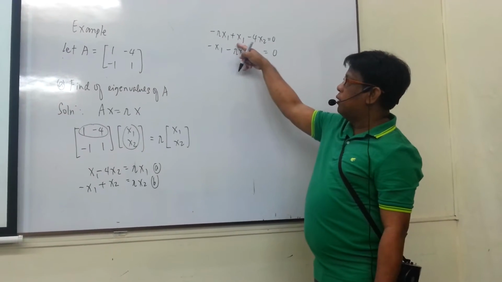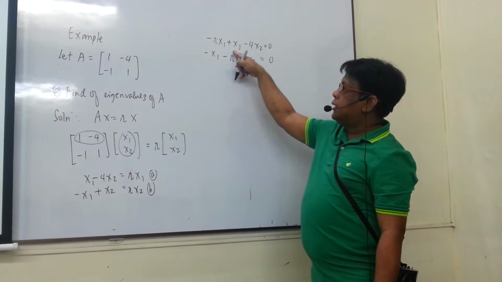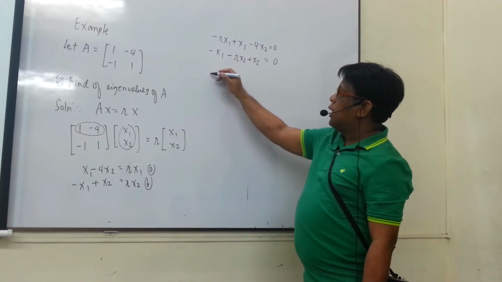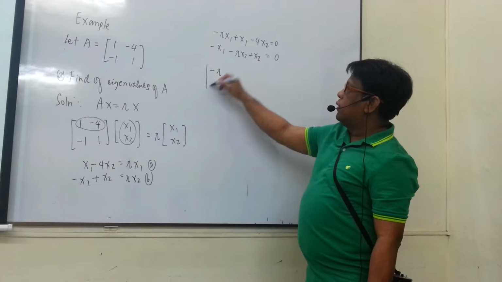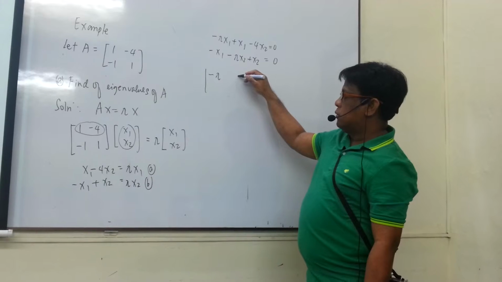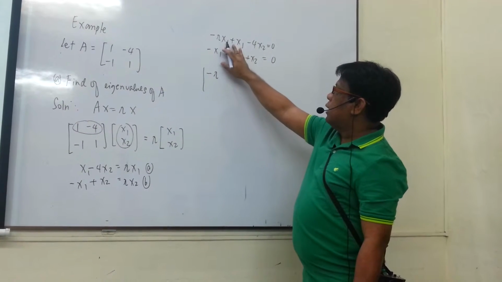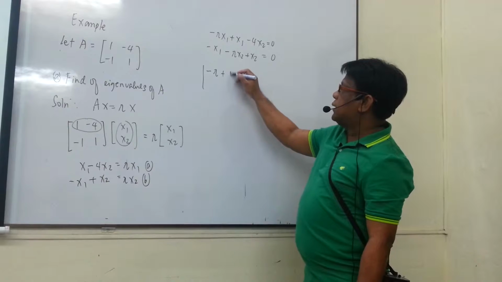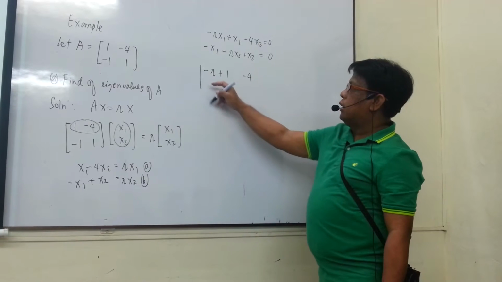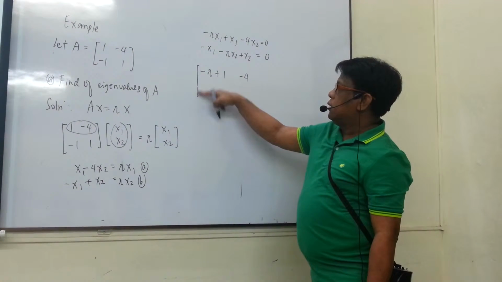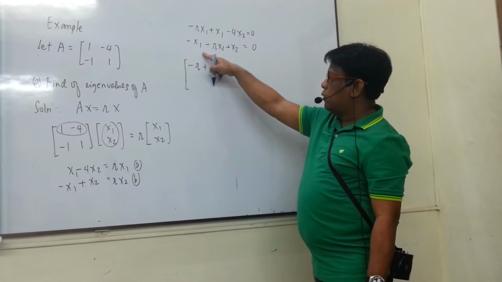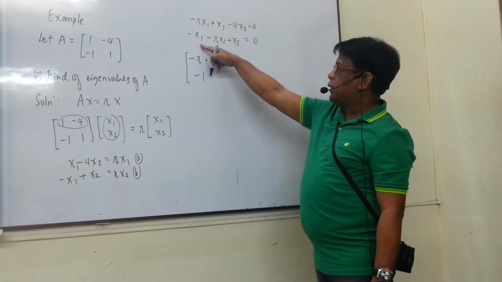Then from here, let us form the matrix, which refers to the coefficients of x1 and x2 in the given two equations. So we have negative lambda plus 1 for the first row, first element. For the second element, negative 4. For the second row, we have negative 1 as the coefficient of x1.